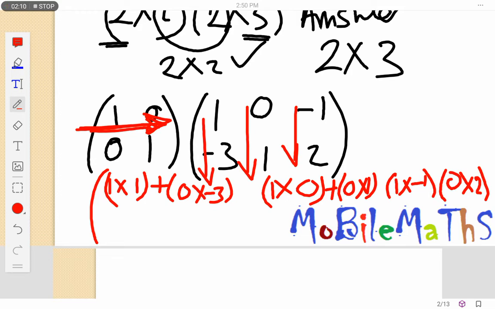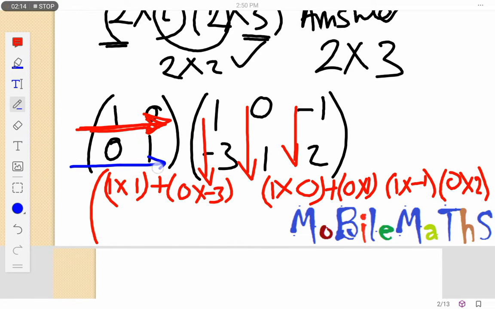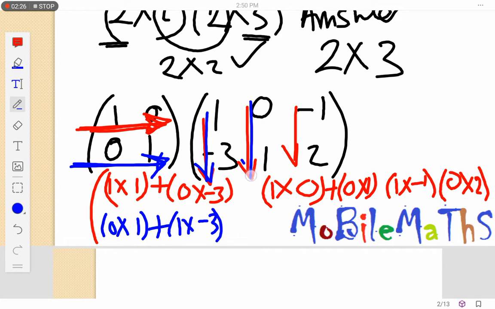Then I go down and do the same for the bottom row. I do row by this column. I get 0 times 1 plus 1 times minus 3. Then for the next column, row again by column, I get 0 times 0 plus 1 times 1.